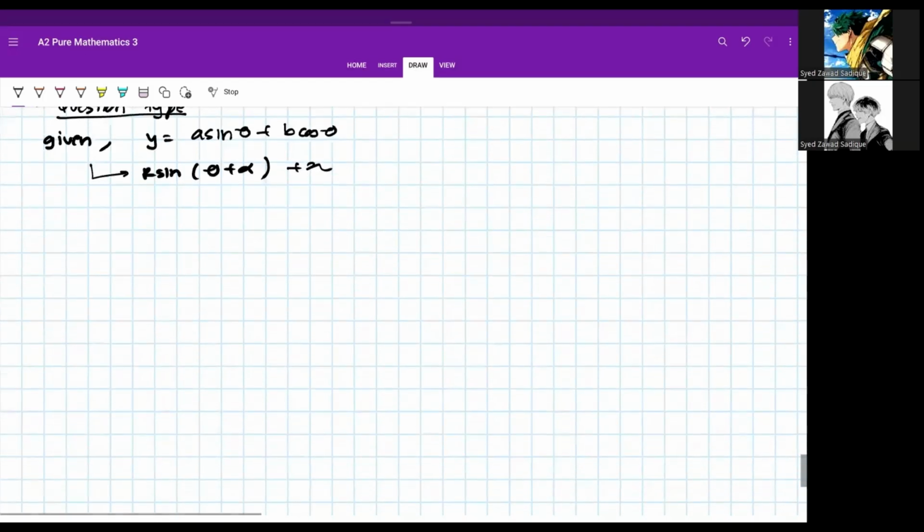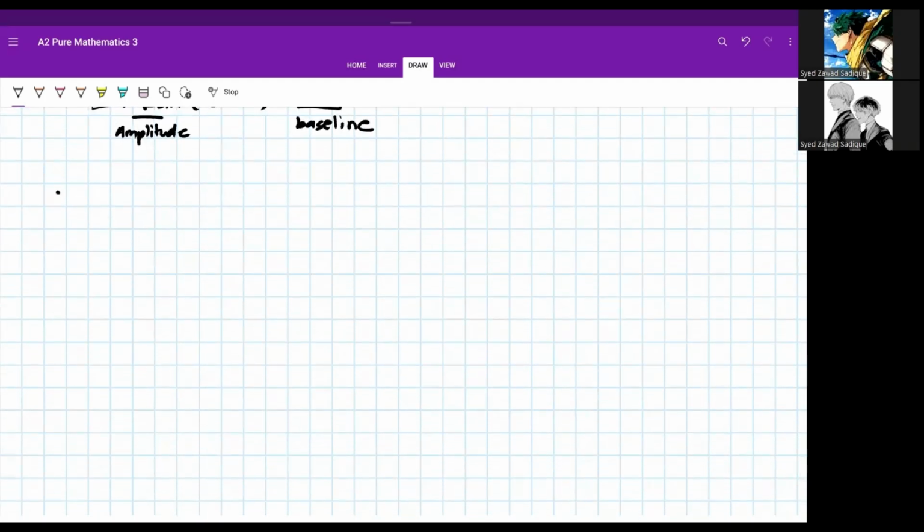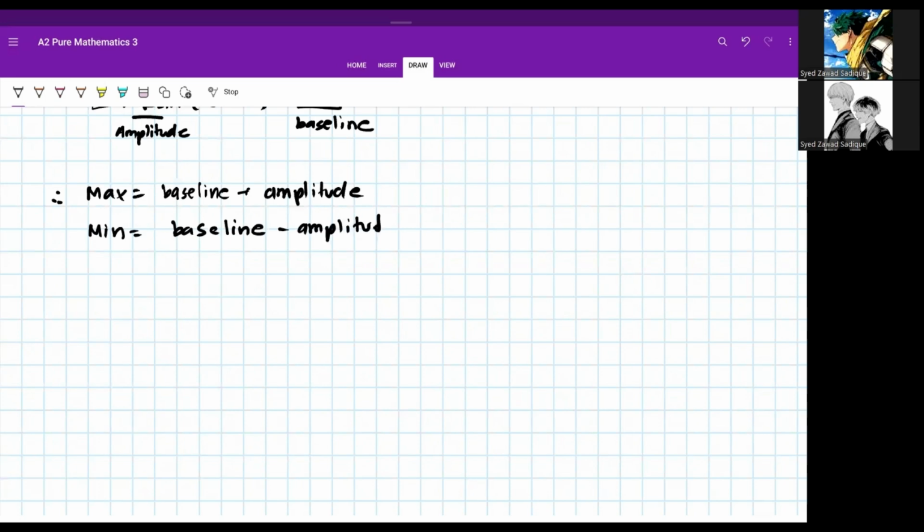Now, r is the amplitude and x is the baseline. They can tell you to find the maximum value. If so, you say baseline plus amplitude. If they tell you to find the minimum value, you say baseline minus amplitude.